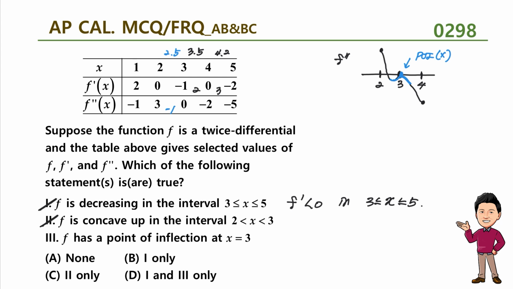So we don't know what happens between these 2 values and these 2 values. Before 3, it's not always positive. After 3, it's not always negative. Do you guys see that? So we cannot conclude that this is a point of inflection. Okay? So this is also not true. So the answer for question 298 must be A. Okay?